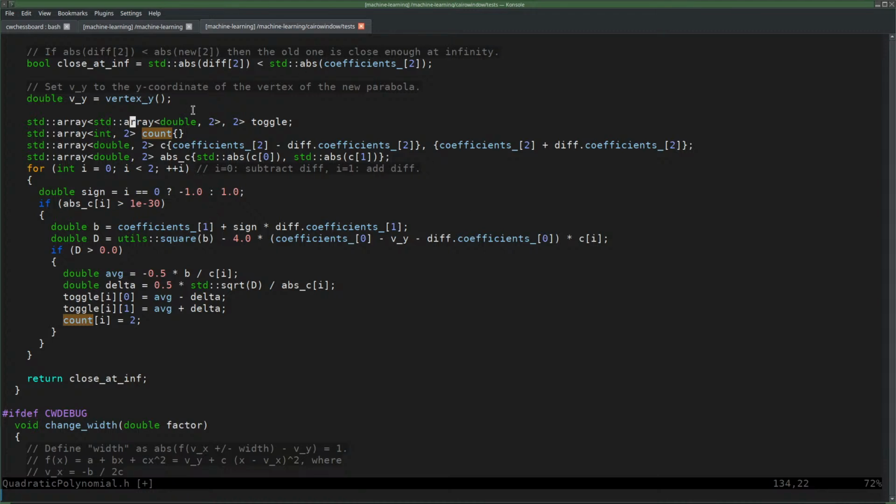So 2 solutions or 0 solutions. The actual number is then stored in count. So count contains 0 or 2, depending on the index. The index 0 stands for subtracting the diff and 1 is adding the diff. Same for all indexes here.